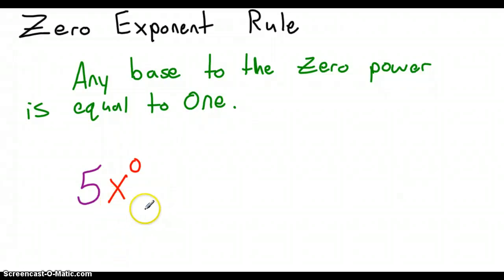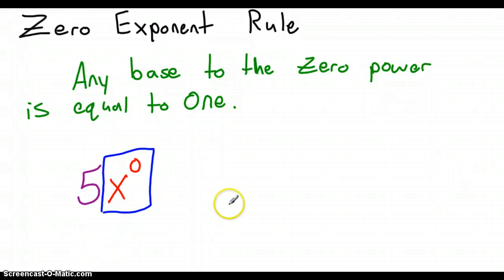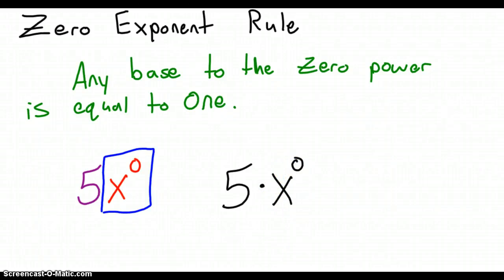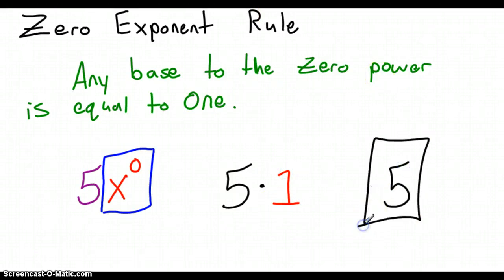So for us here, the only base that has a 0 exponent is this x here. So only this x to the 0 power is going to turn into 1. Since this original expression was 5 times x to the 0 power, when we turn that x to the 0 power into a 1, all we really have here is 5 times 1. So our final answer will be a 5.